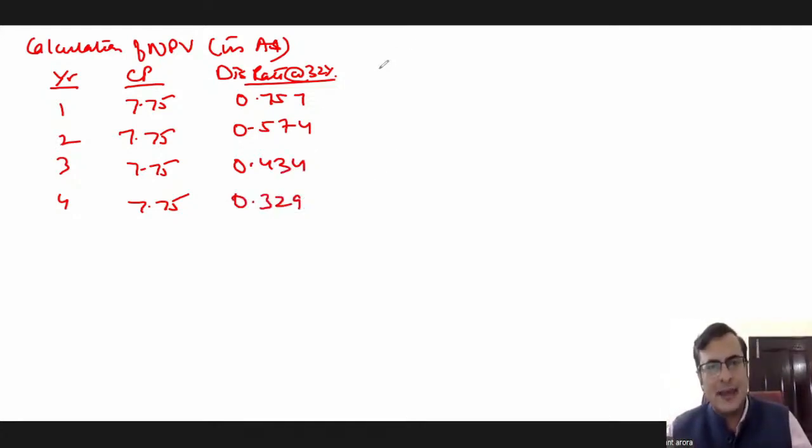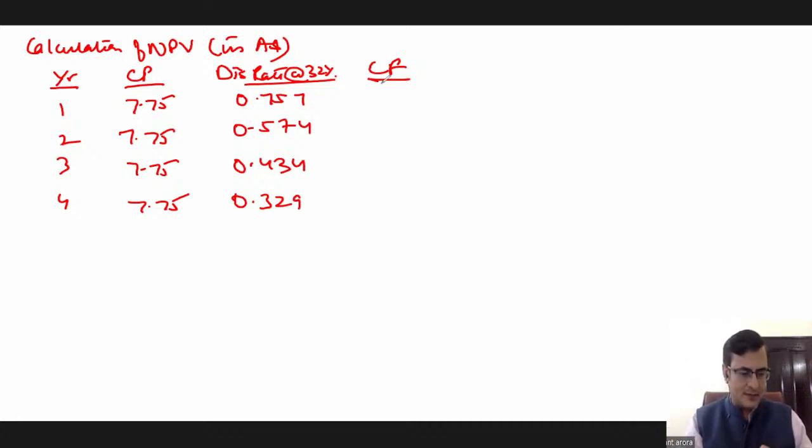Okay, so what will be the NPV, beta? Cash flows. So 7.75 divided by 0.757, 7.75 divided by 0.574, 7.75 divided by 0.434, and 7.75 divided by 0.329.